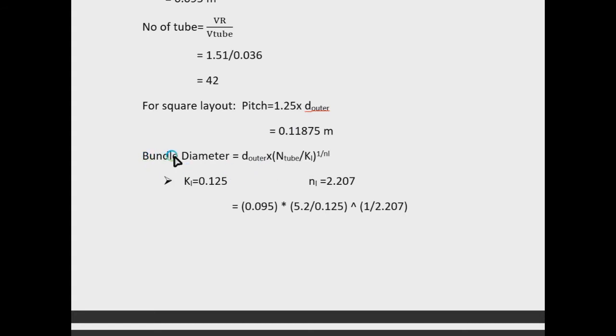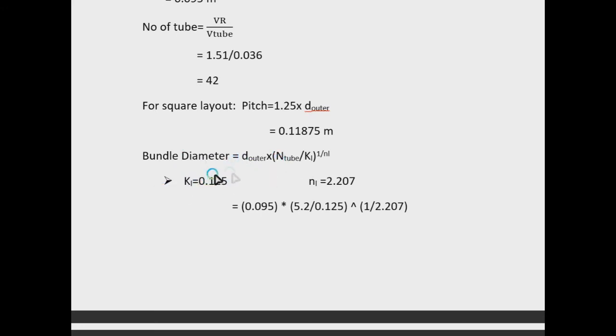Now we have to calculate the bundle diameter. The bundle diameter here is calculated as d outer multiplied by (n tube over KL) to the power 1 over NL. KL is a factor, and I do not have much knowledge about this KL factor. It is easily available in literature, whether in the case of a shell and tube heat exchanger or a tubular packed bed reactor, the analogy of KL is the same.